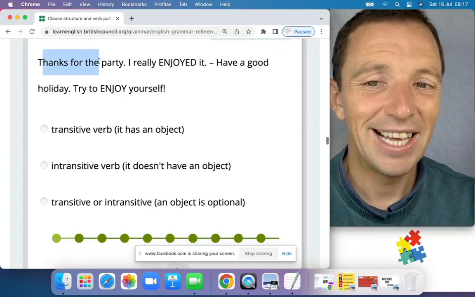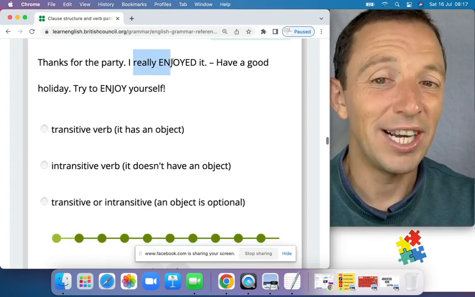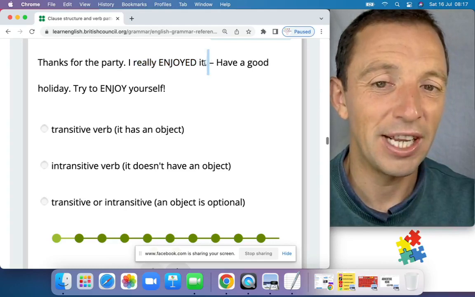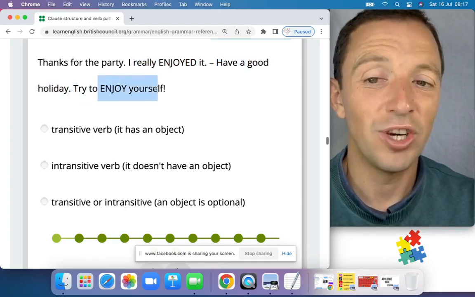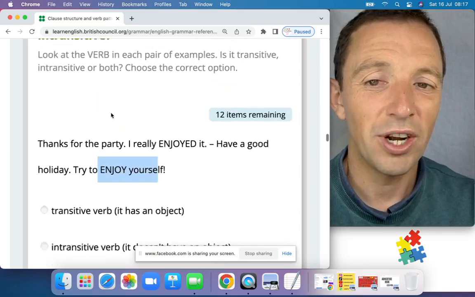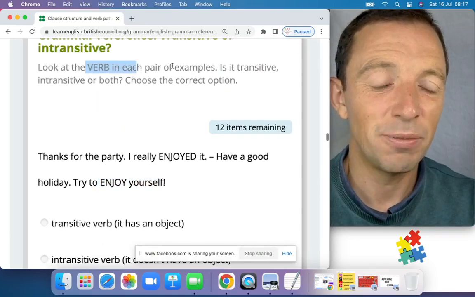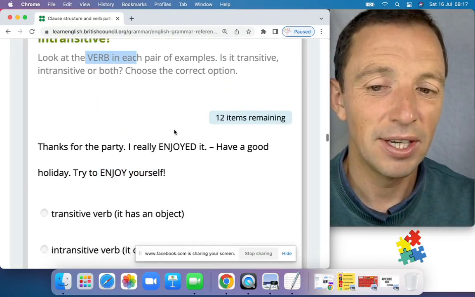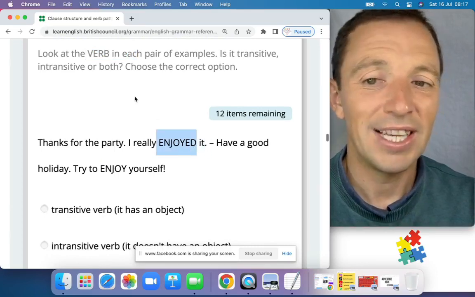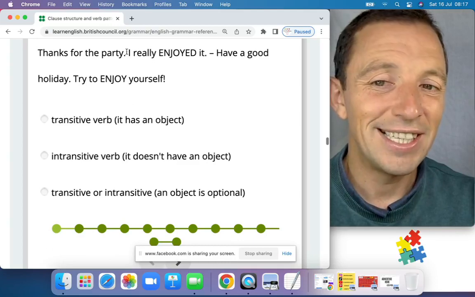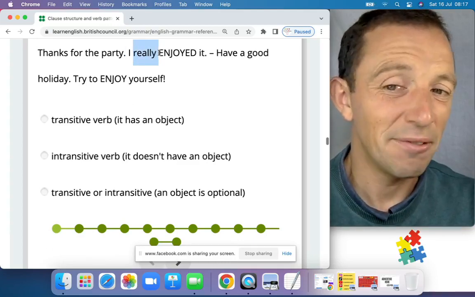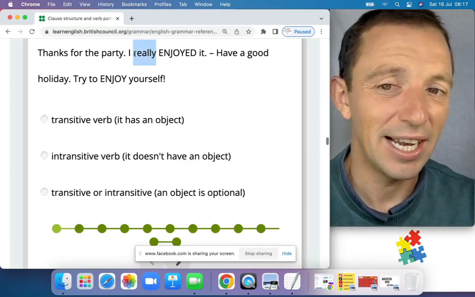For example, thanks for the party. I really enjoyed it. Thanks for the party. Have a good holiday. Try to enjoy yourself. We are looking specifically at the verb in each pair of examples. So the verb is to enjoy. I really enjoyed it: this is the subject, this is an adverb, so you can forget this for the calculation.